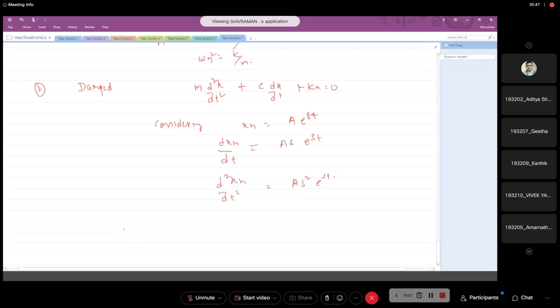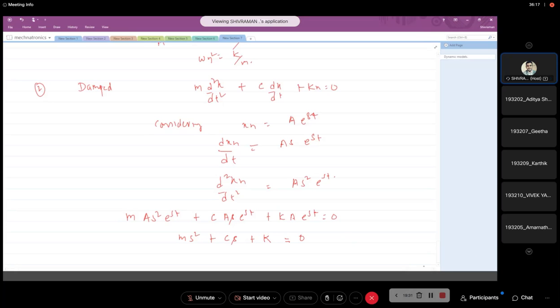Now, what will be the modified equation after the assumption? You take A e^(st) as common, so ms squared plus cs plus k is equal to 0.